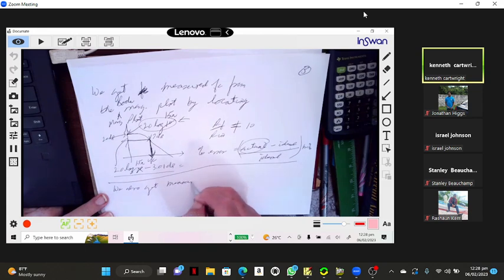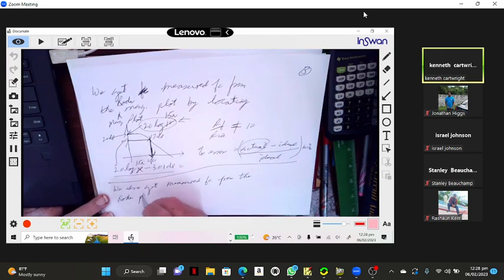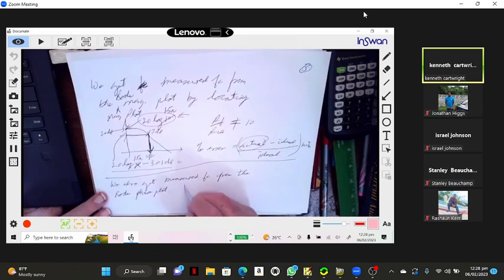Okay. And then of course we also get measured FC from the Bode phase plot. And for this homework, what were we looking for there?